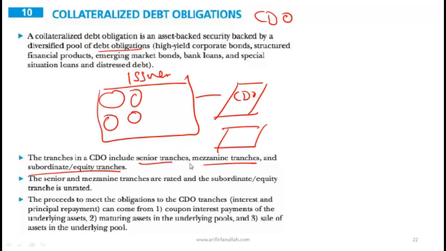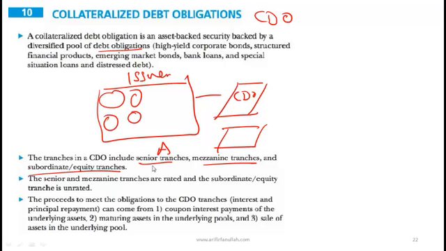Of these, where do you think the credit risk is the least? With senior tranches. And who absorbs that risk? The equity or subordinate tranches. The senior and mezzanine tranches are rated, and subordinate equity tranches unrated. What issuers try to do is set up their senior tranches so they at least have an A rating.